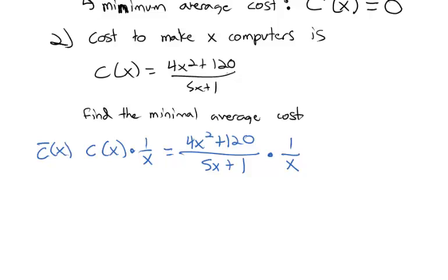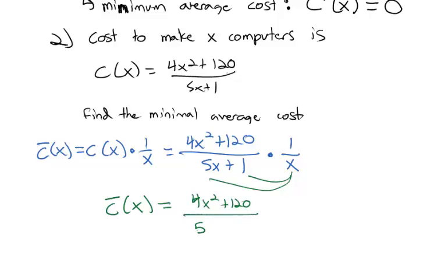And that's going to be the C bar of x. So C bar of x, the average cost, if we distribute that x through the denominator, is 4x squared plus 120 over 5x squared plus x.